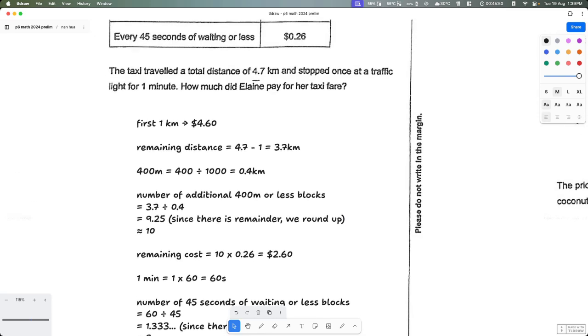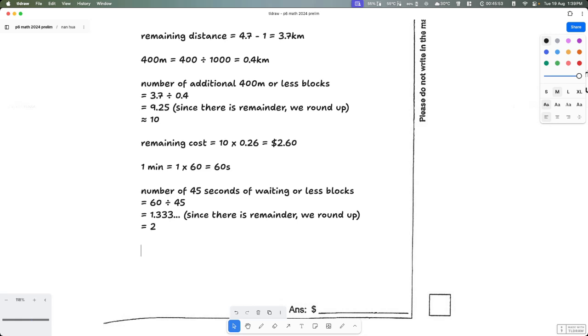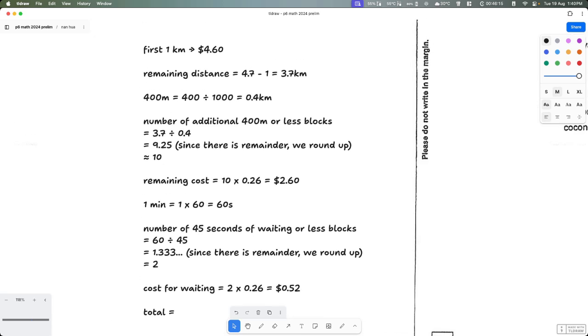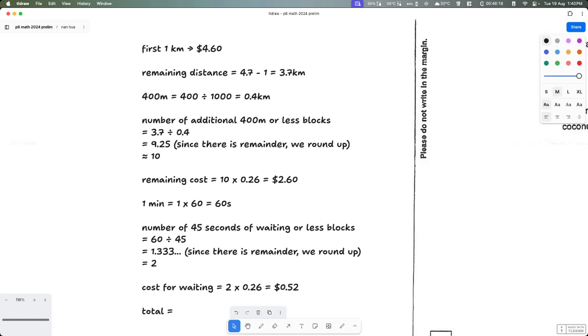So the cost is also 26 cents. The remaining cost for waiting is equal to 2 times 0.26, which equals $0.52. So let's have the total: 4.6 plus 2.6 plus 0.52.